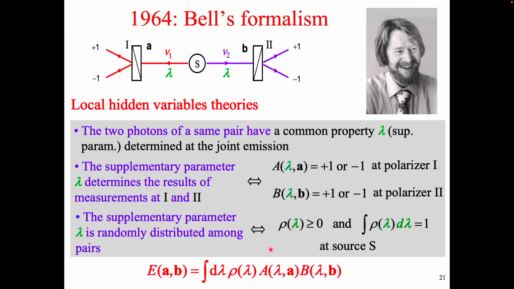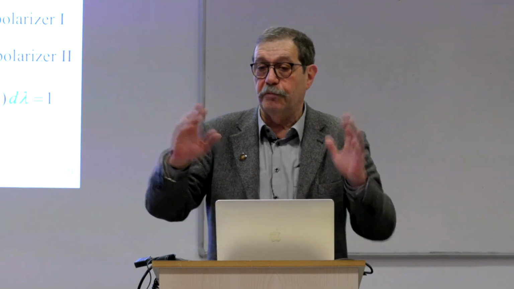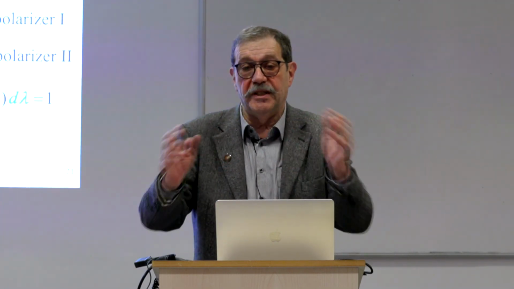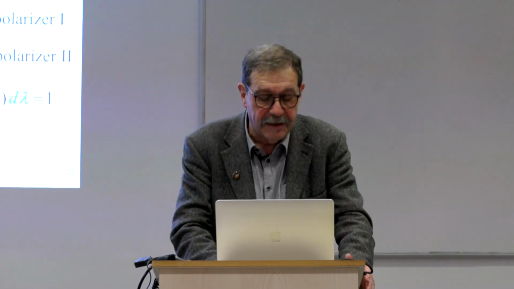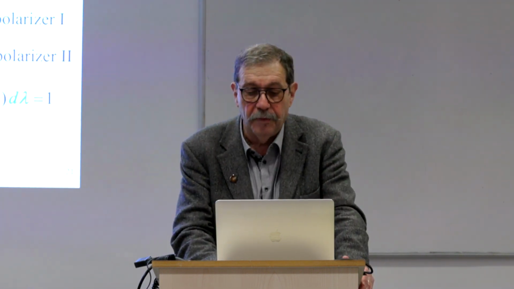Once you have that, you can calculate the correlation coefficient, which takes this simple value. It's the usual definition: average of the product minus product of the averages, and you normalize. But it turns out that the product of the averages is 0, and when you normalize it's 1. So it takes this simple form.